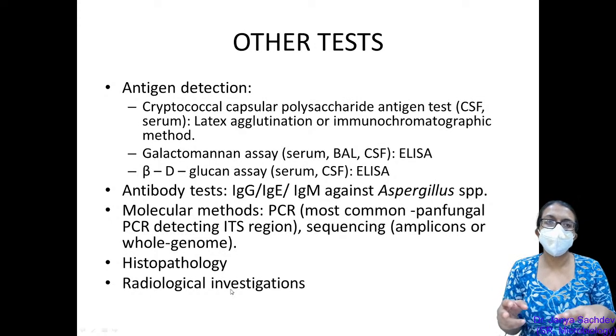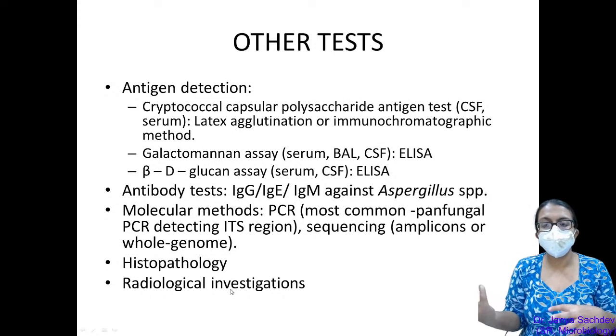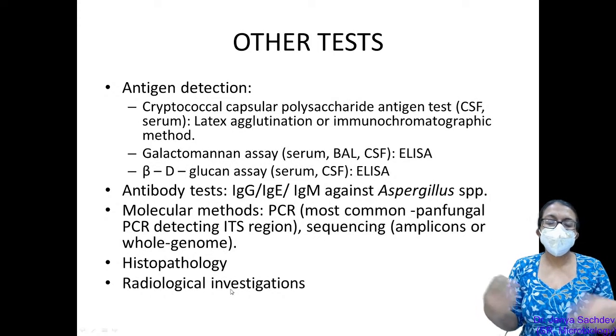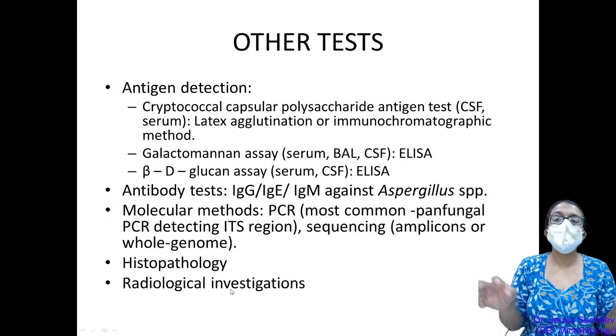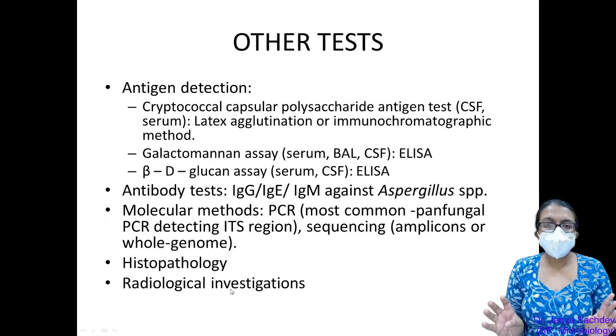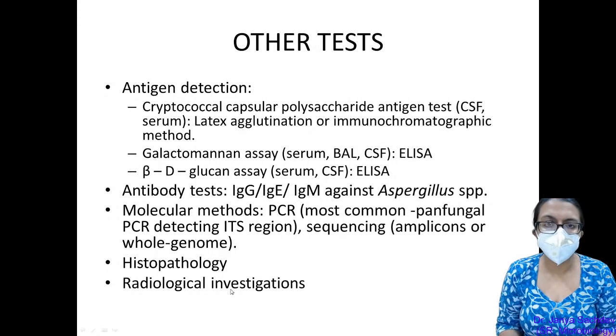So for instance, if we're told a patient has a cavitary lesion and is on steroids, we'll think about nocardia. If we're told a patient is diabetic and has an orbital swelling, we'll think about mucor. So history is very important and clinical correlation is very important in mycology. So please fill out the form correctly.